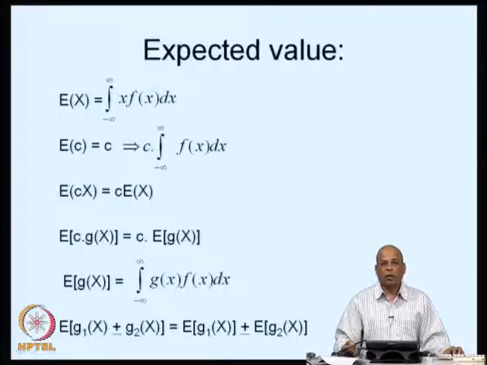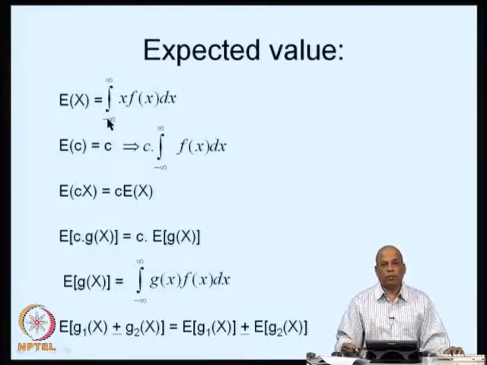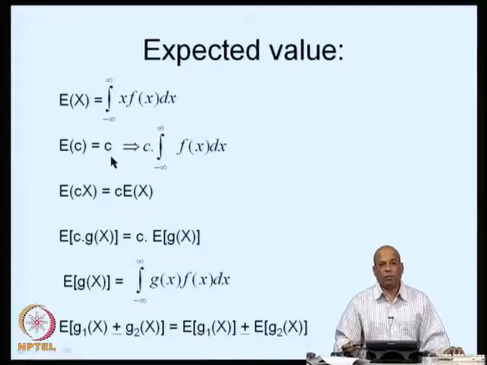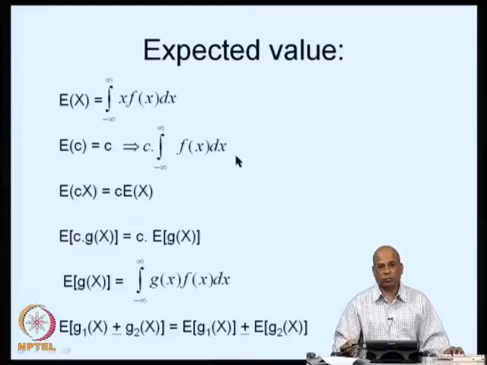Now, the expected value has certain interesting properties. First, by definition, the expected value of x is equal to the integral of x f of x dx between minus infinity and plus infinity. This is how we obtain the expected value. Now, the expected value of C is equal to C into the integral from minus infinity to plus infinity of f of x dx.